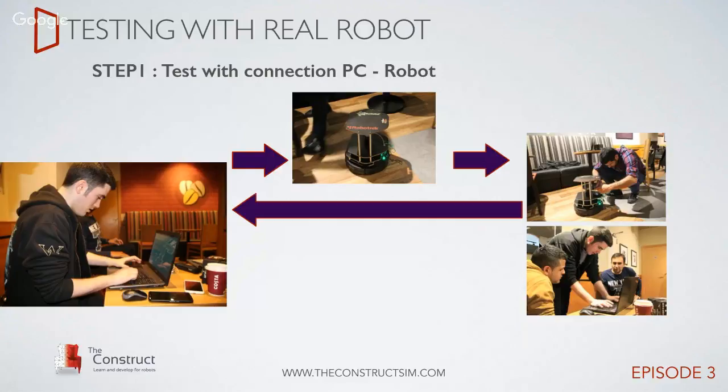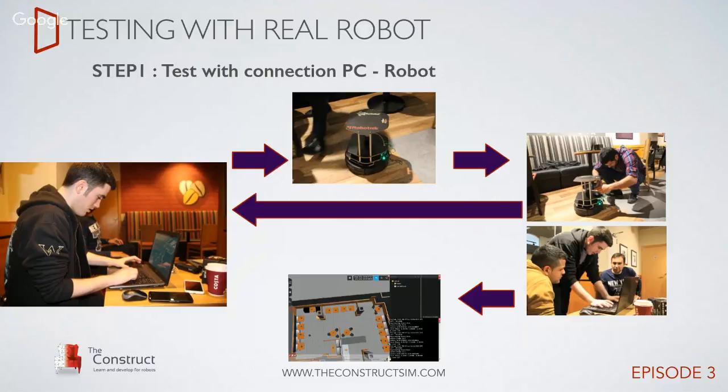The first time that you do this, you will find out, oh, we didn't think about this, or we found that this is completely wrong in this case because of these tables, because of these people moving around, we didn't count on that. Then in that case, you have to do a major modification to your program, go back to the simulation and do all the arrangements and changes there, test in the simulation, and make it work again.